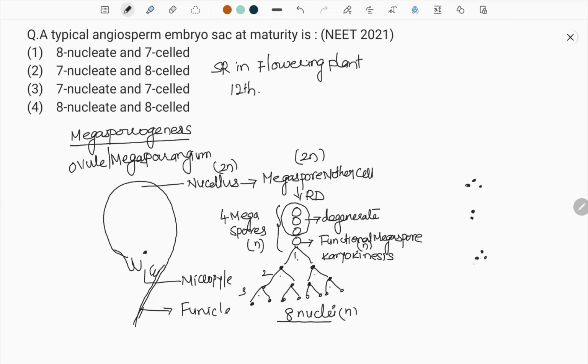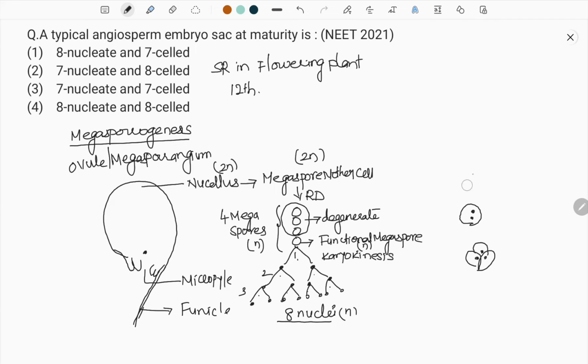Now, these 8 nuclei in total will undergo cytokinesis. That is, they form cell wall, cellularization we call it. Here 3 cells are formed in the lower pole, and here 2 nuclei with 1 cell are formed in the center, and here we find the 3 cells in the upper pole.